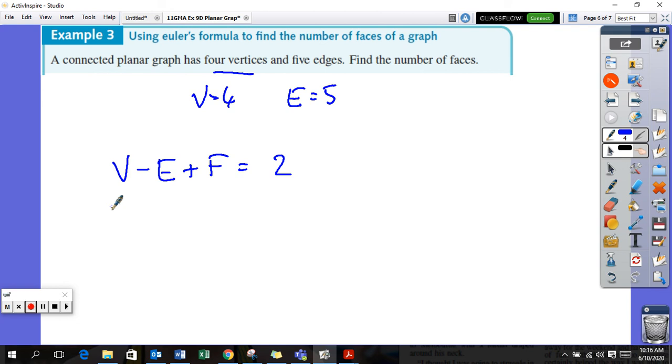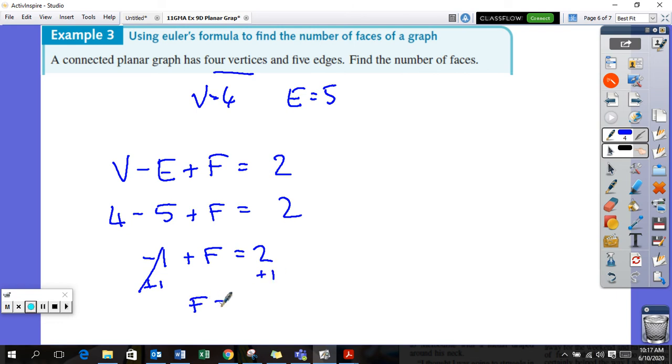So we've got 4 minus 5 plus F equals 2. 4 minus 5 is negative 1 plus F equals 2. Okay, I'm going to plus the 1 to get rid of it. Same to the other side, and I get F equals 3. So it has 3 faces.